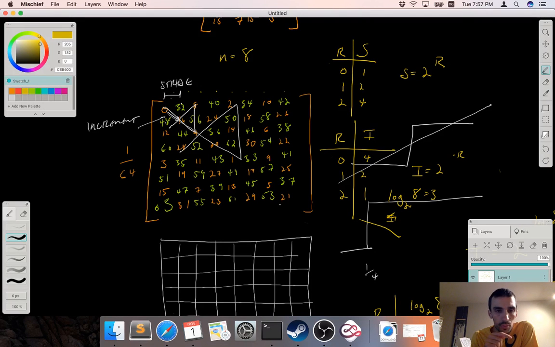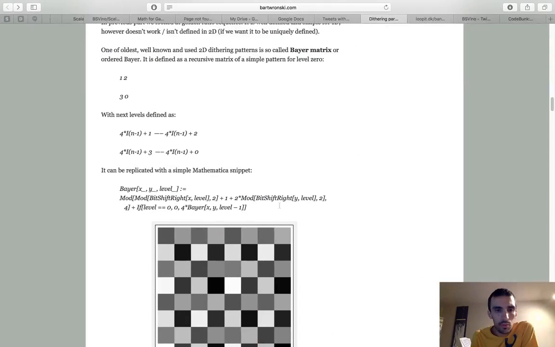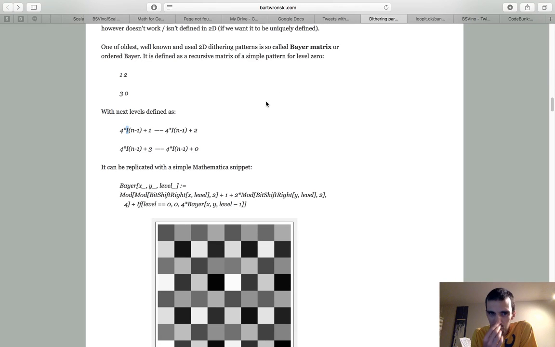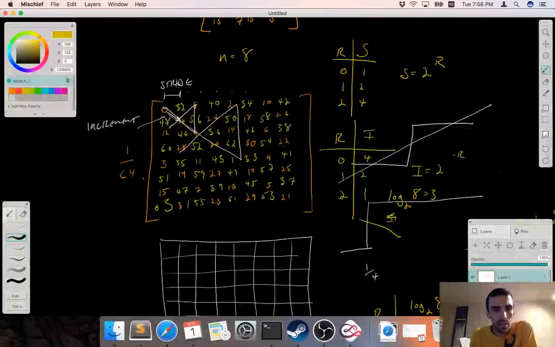0, 1, 2, 3. See, he didn't define I. So I'm not sure if I is a block matrix or if I is like a value. I think it's not a block matrix because it's not true that, oh wait, it is true.